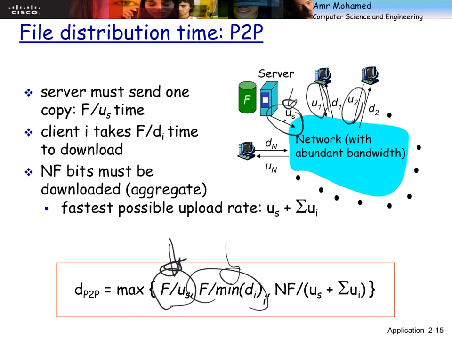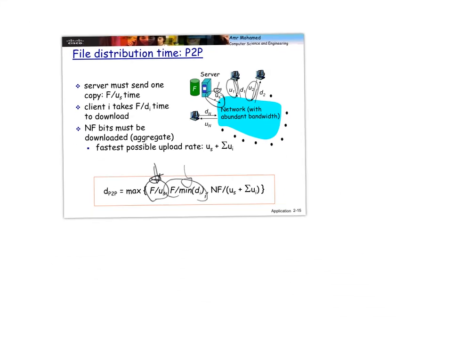In that case, we are sending on n different connections in addition to the server connection. As I said, we are sending one chunk of data to one peer, and then this peer can send it on.